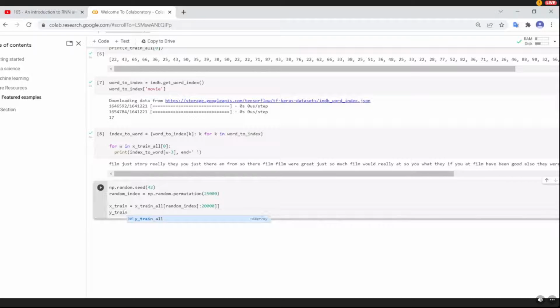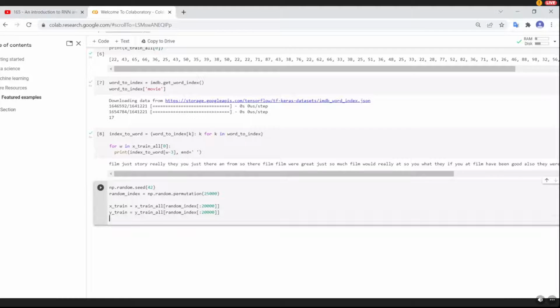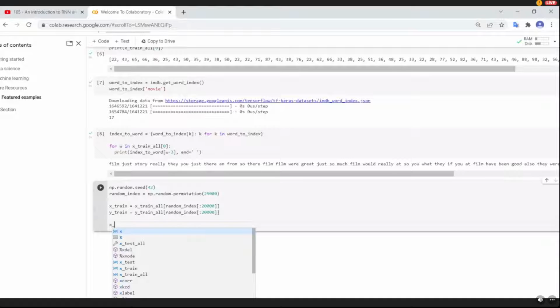y_train_all random index 2. Yeah, same thing here. We're setting the first 20,000. x_val, validation set. We're splitting the training set into training set and validation set. Random index 20,000.